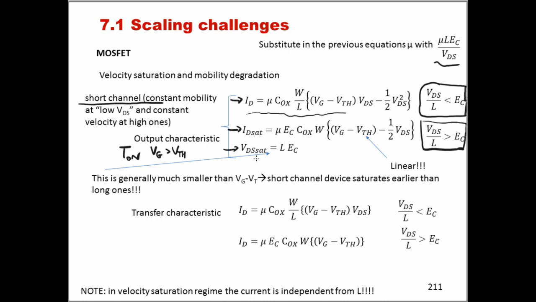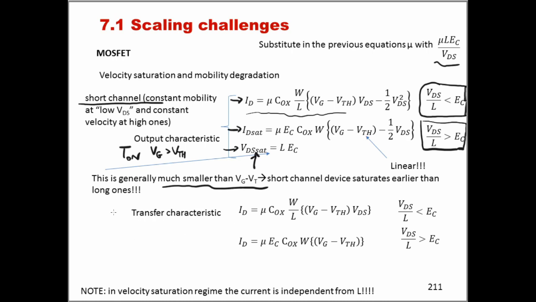Note that this Vd sat here, if we were to calculate it, is generally much smaller than Vg minus V threshold for our specific transistor. So this means that short channel devices saturate earlier than long ones. That's basically what this is telling us.